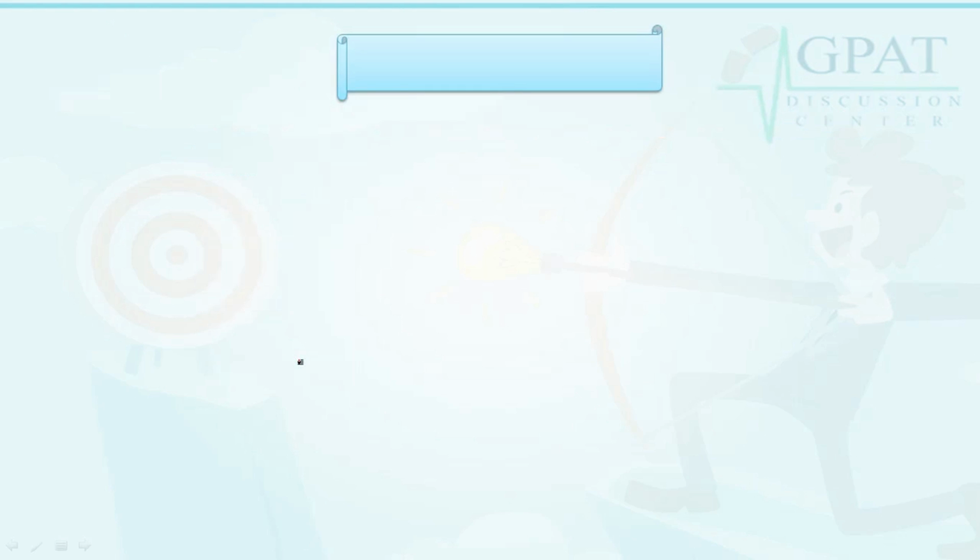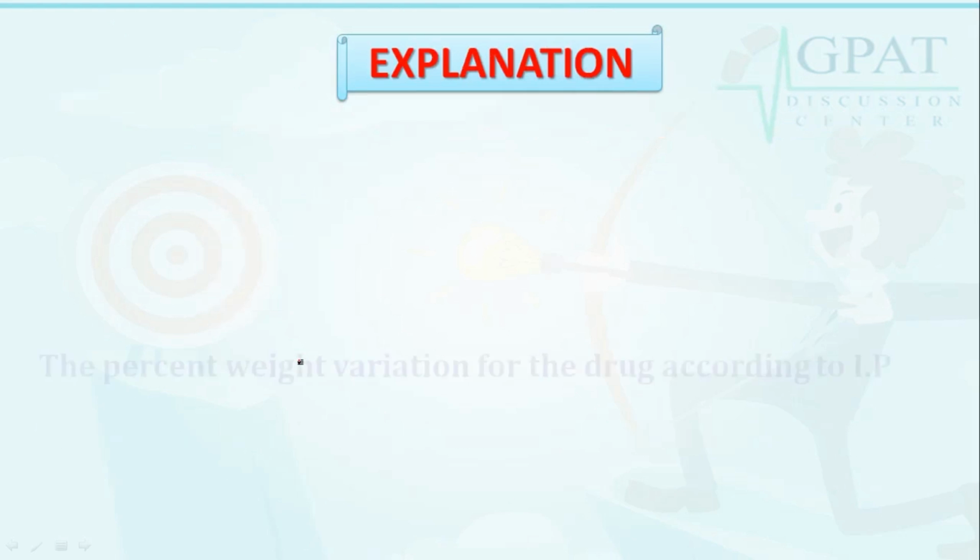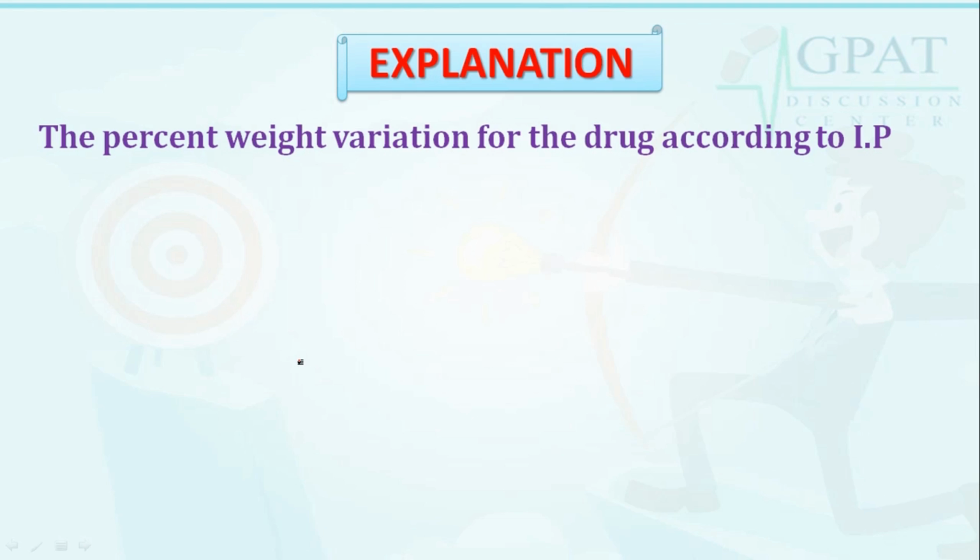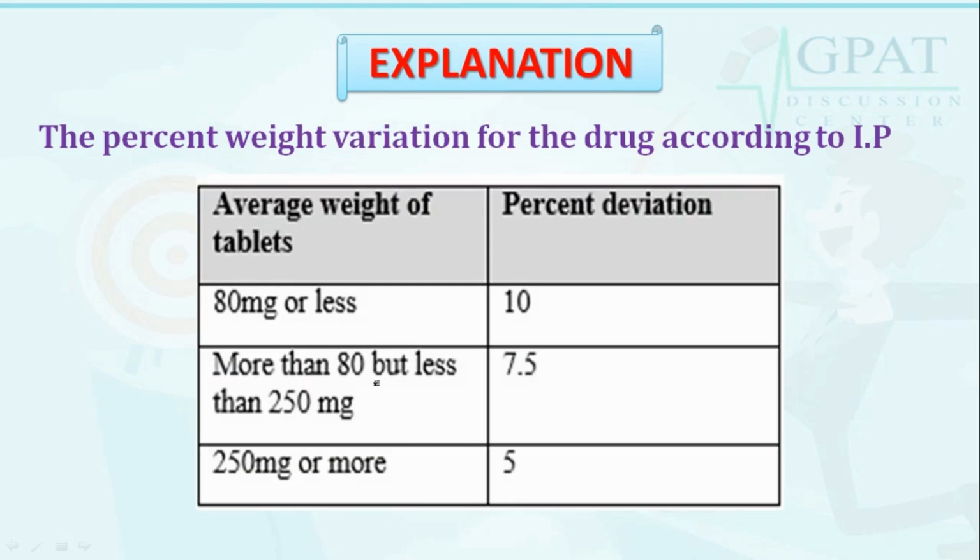So what is the weight variation test and its different parameters? Let's discuss here according to the IP. When the weight is 80 mg or less, then plus minus 10% weight variation will be allowed. While when the weight is 80 to 250 mg, then plus minus 7.5%. And if more than 250 mg, then 5% will be allowed.